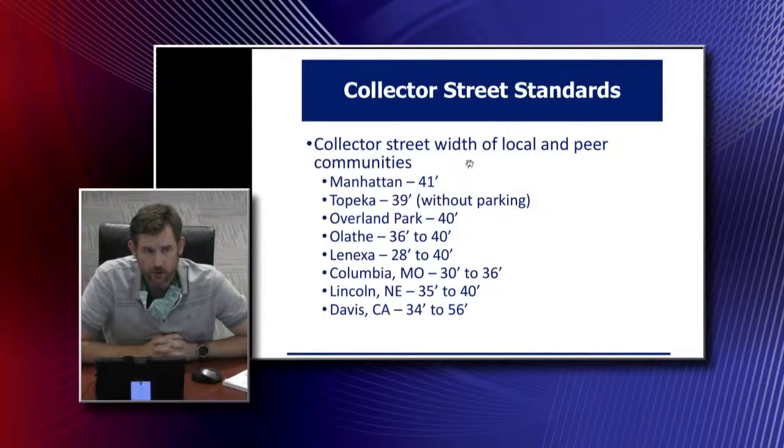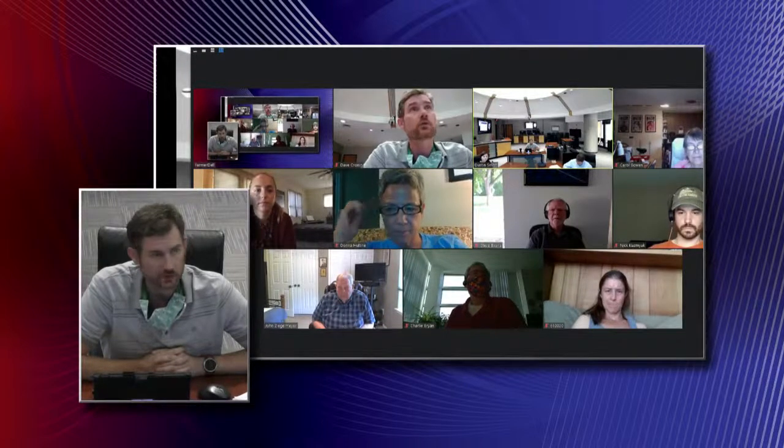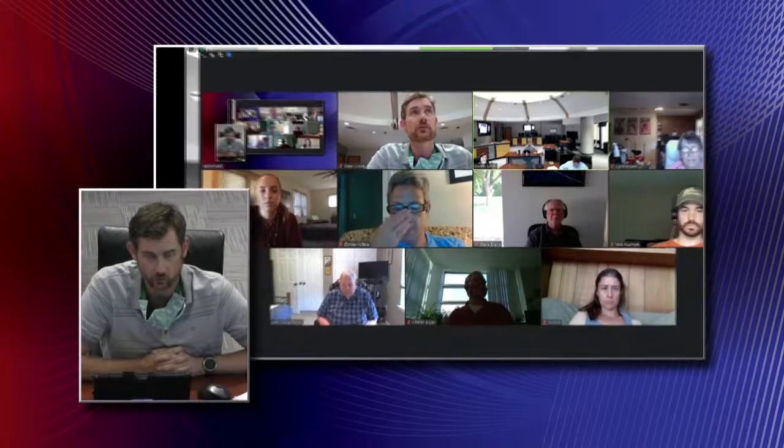Commissioner Bone, I don't know for each community. These were what their current minimum standards were when I did that research at the end of last year. For any community, or even Lawrence, standards have changed over time, and classifications have changed even after streets have been built, so they may not all be similar, especially over 10 years.